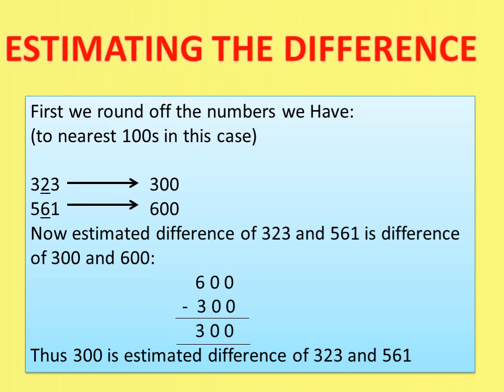So 323 rounded off to its greatest place at hundreds is 300. 561 rounded off to its greatest place, that is hundreds, will come out to be 600. Now finding the estimated difference is simple. 600 minus 300 we know is 300. So 300 is the estimated difference.